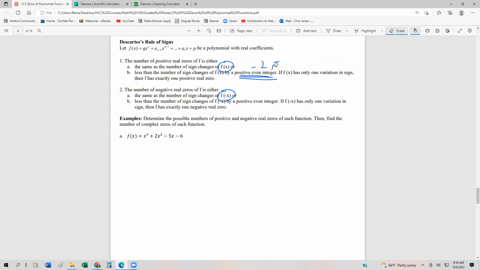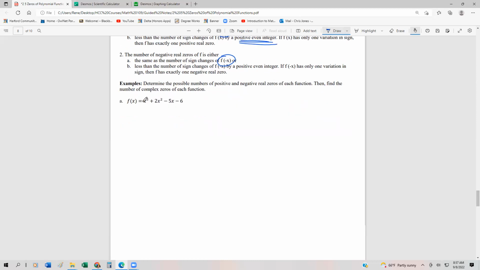It's actually pretty easy to do this, but we just keep subtracting 2 each time until we get to a negative number for the number of possible zeros. And then remember, we take a look at the degree of the polynomial, and this tells us how many possible zeros there are total. Of course, we can always check this by graphing, which we will at the end. So let me show you a few examples of this. It's not too difficult.